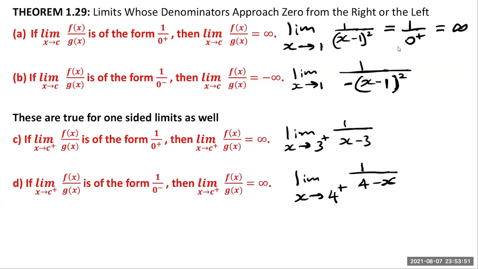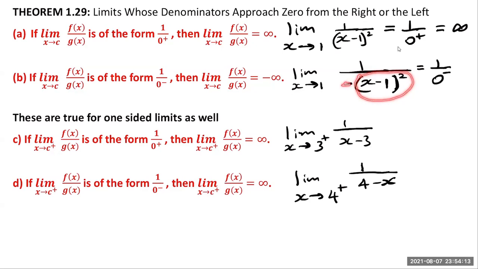Here is an example. Limit as x approaches 1 of this expression. What happens to this expression? You get 1 over 0 minus, right? This time, as x approaches 1, notice that this quantity is a positive quantity which approaches 0, but this negative sign will make that quantity negative.